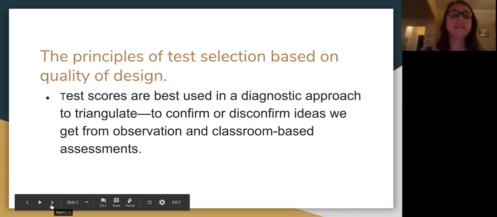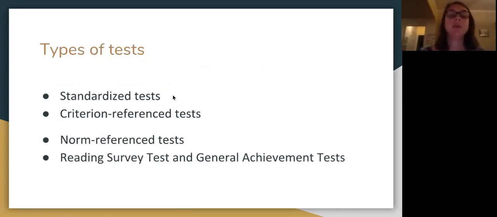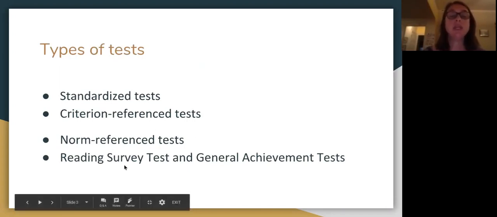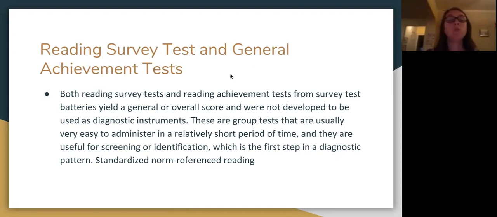Some of these tests that we use are standardized tests, criterion reference tests, norm reference tests, reading survey tests, and general achievement tests. Now let's go through each one of these so we can get a better understanding of what they are. The reading survey test and the general achievement tests are not really supposed to be used as a diagnostic instrument.